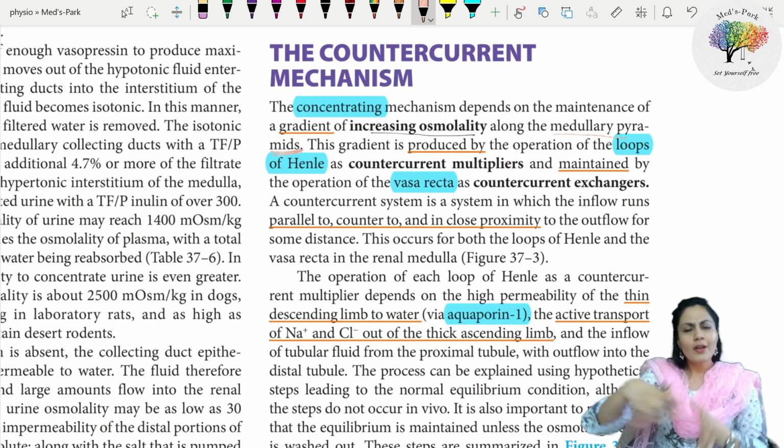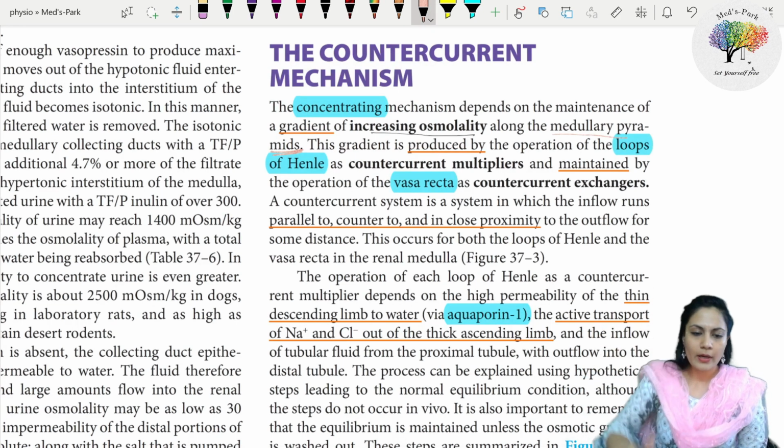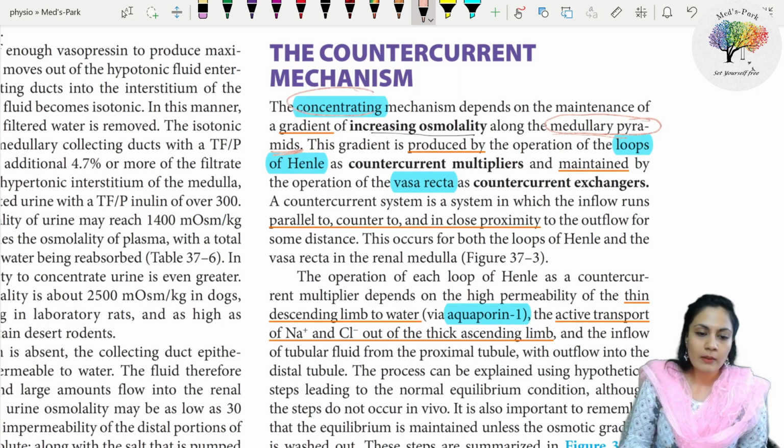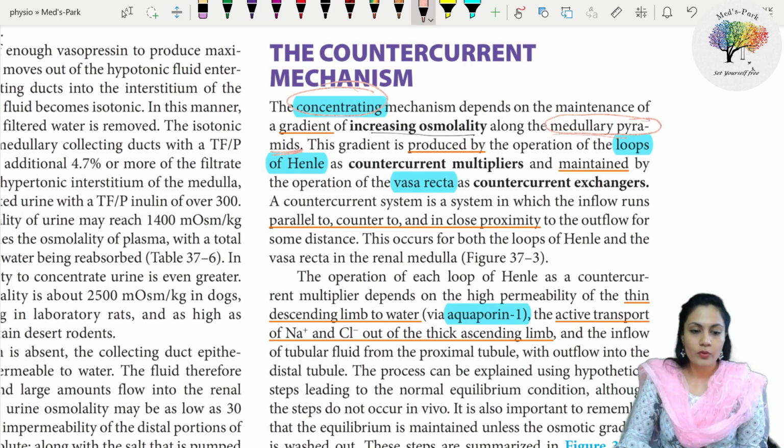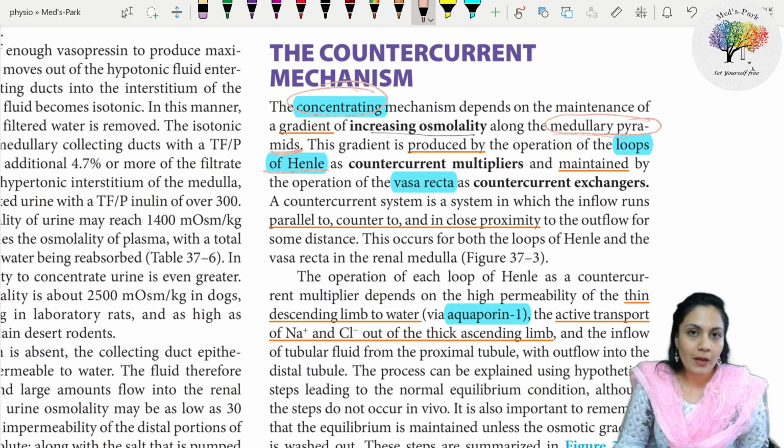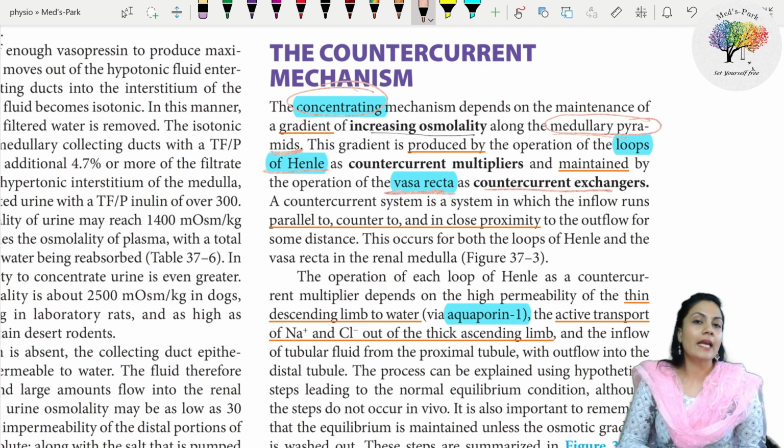Okay, so medullary pyramid, that means the medulla that we are talking about, right? So Ganong clearly writes over here that the main function of the medulla is concentrating the urine. Okay, this gradient is produced by the operation of the loop of Henle as a countercurrent multiplier, and it is maintained by the vasa recta countercurrent exchanger.